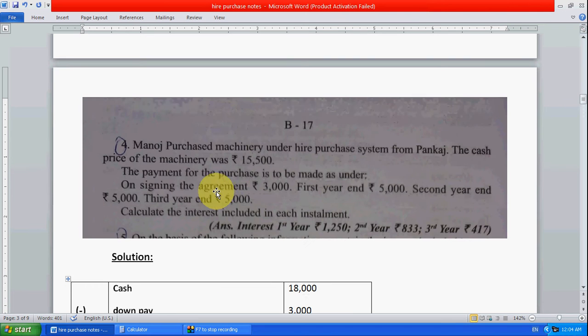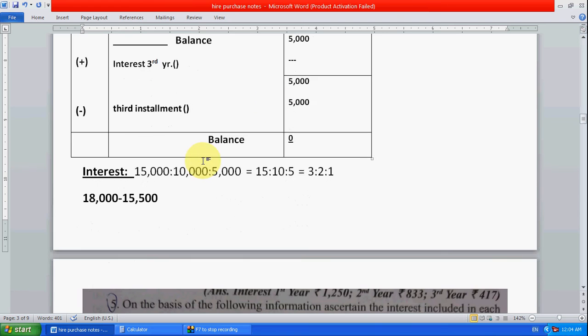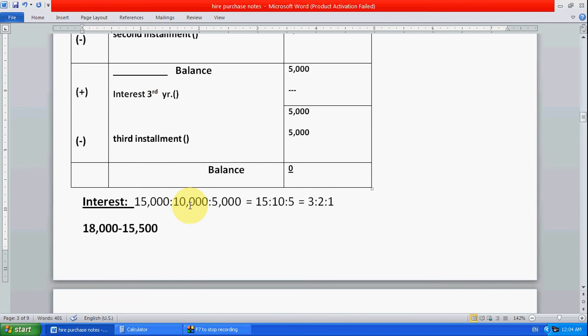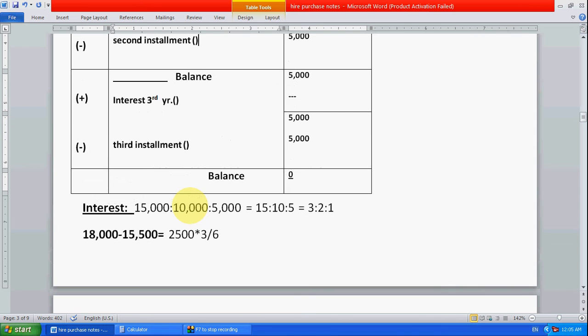Here you can see the cash price is 15,500, but overall 5,000, 5,000, 5,000, which is 15,000, plus the down payment of 3,000, means overall 18,000 we have paid. After deducting this, we are getting 2,500. On this 2,500, first, 3 divided by 6. How much are we getting?